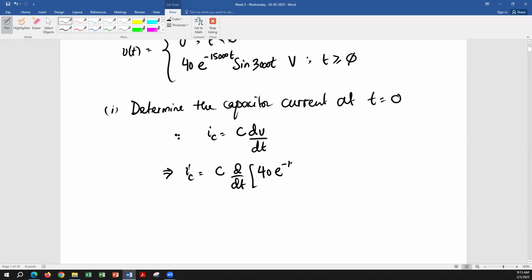4t e negative 15,000 t sine 3,000 t. I'll take 40 out, 40C. Okay, who's going to tell me the derivative of e to the power negative 15,000 t sine 3,000 t? What will be the derivative of that term?